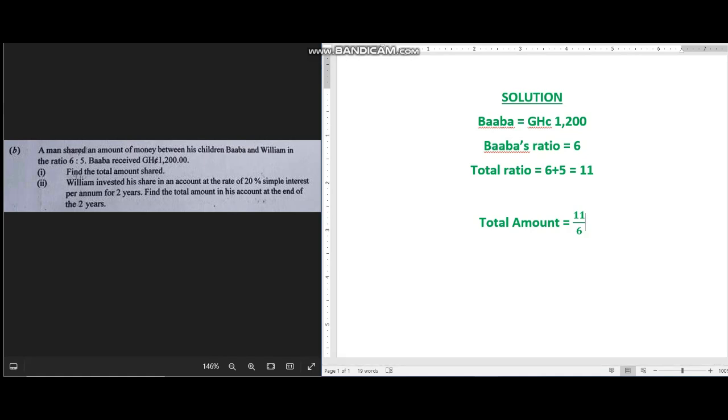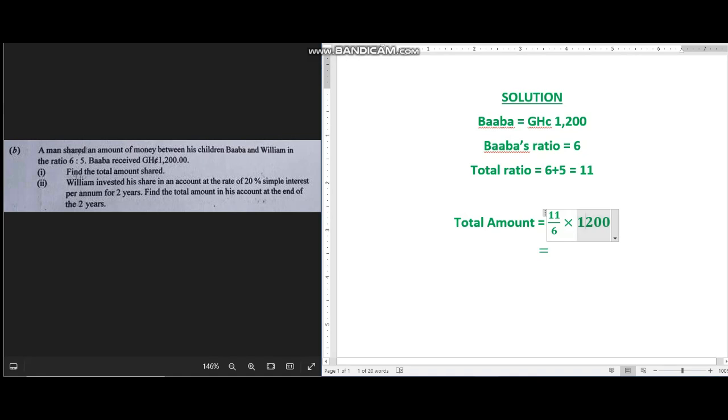And then we are going to multiply this by Baba's share, which is 1,200. We'll be cancelling out. This 6 can go into 12, or can cancel the 1,200. But if you don't know how many times it will go into the whole 1,200, don't worry about that.